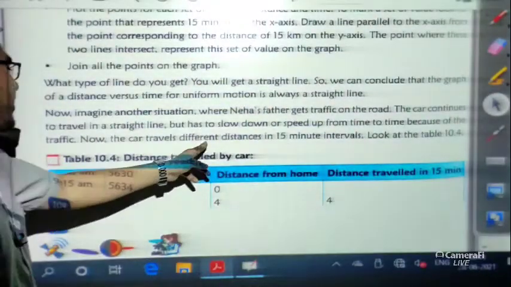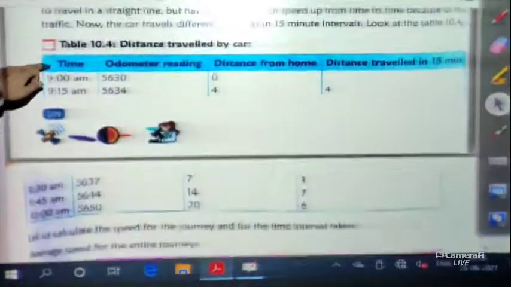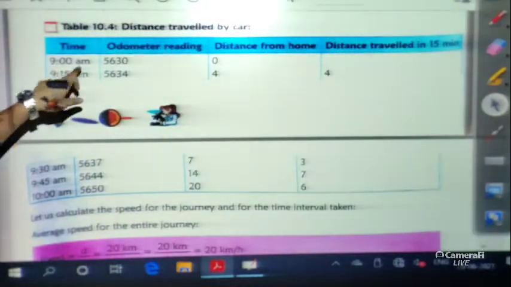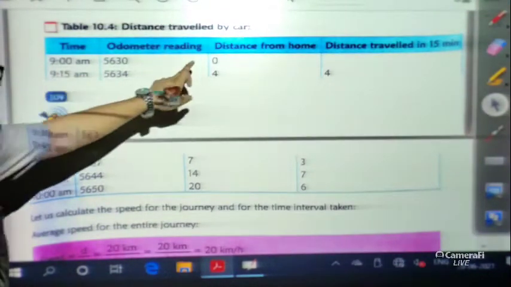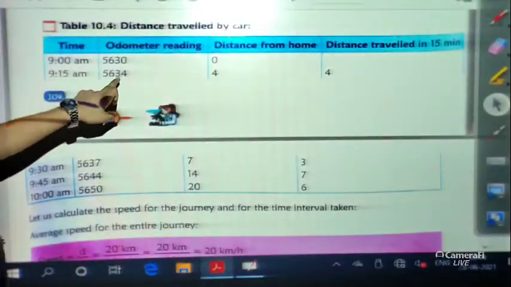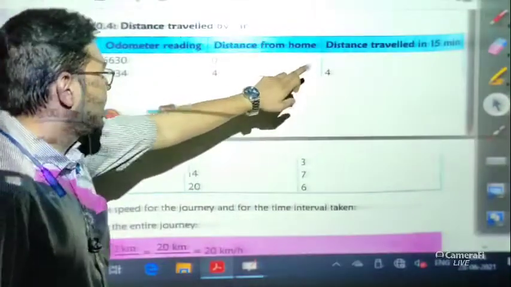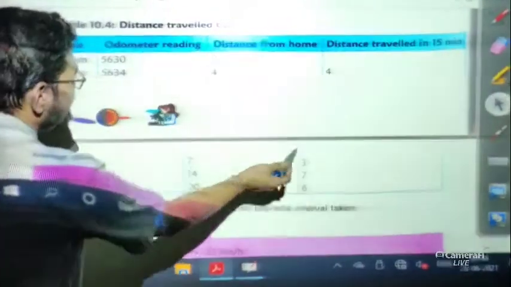Now the car travels different distances in 15-minute intervals. So look at the table. At 9 am, the odometer reading is 5630, so the distance from home is 0 first of all. Now at 9:15, the distance is 4 kilometers in 4 minutes. Then the distance is 7 kilometers in 3 minutes.